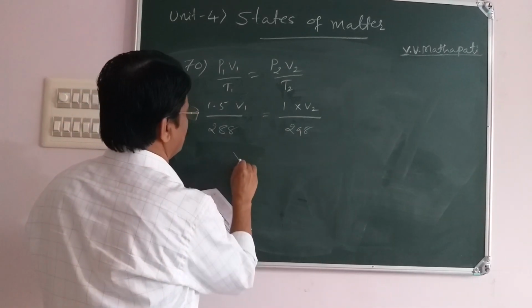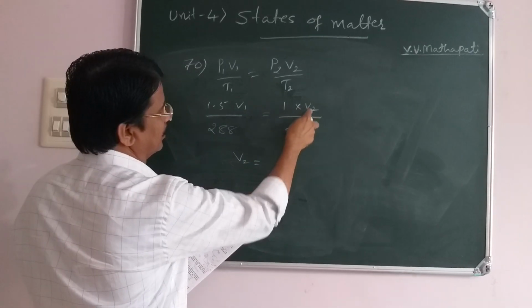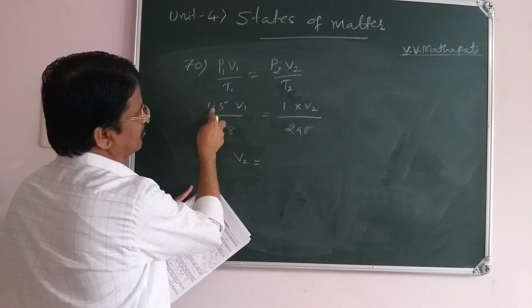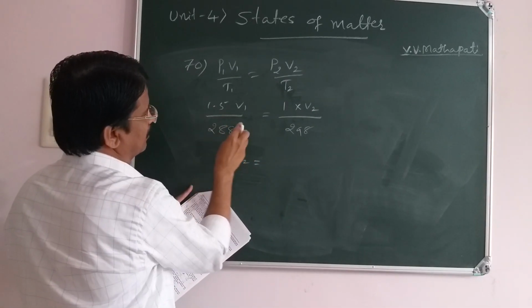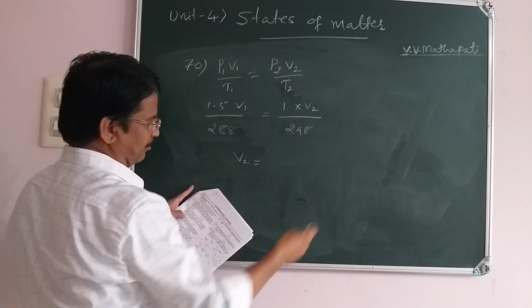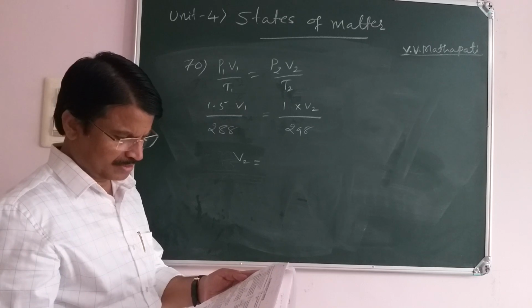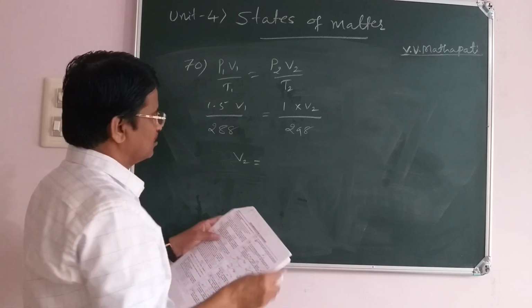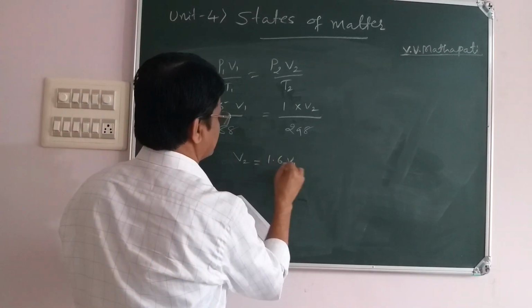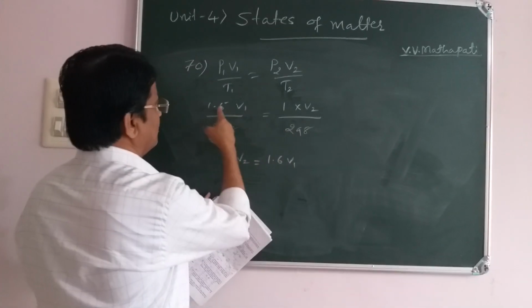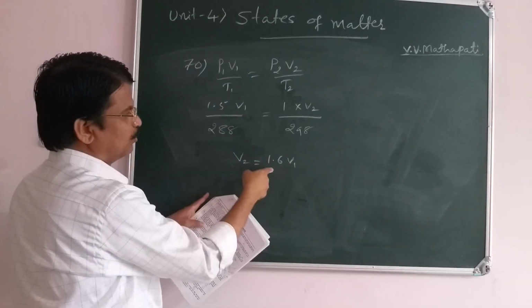Therefore, V2 equal to multiply these two, then divide it. Then V2 equal to see how many times V1. So V2 equal to 1.6 V1. Simplify this, multiply this one, divide by 288, we get 1.6.